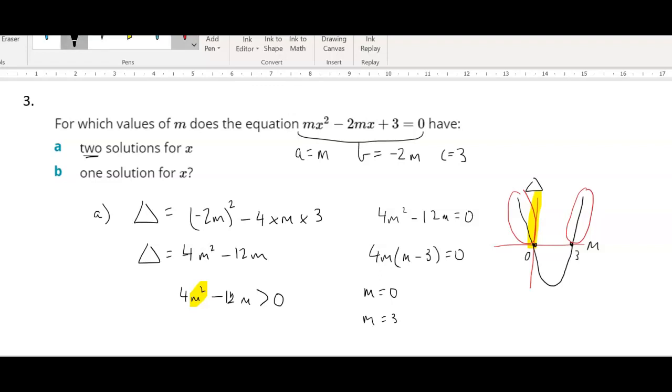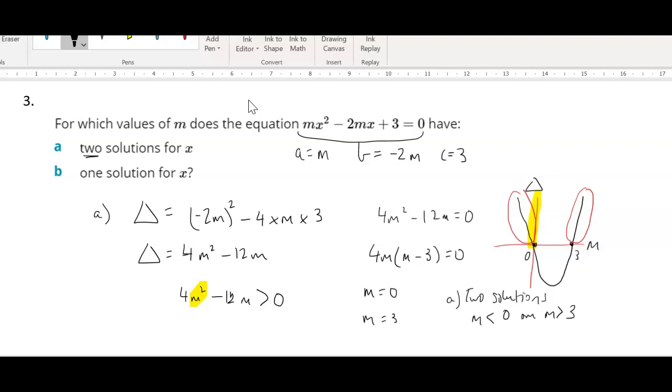So what a weird diagram I've just drawn. So if we're looking at two solutions, m has to be less than 0 or m has to be greater than 3. All right, to get that positive discriminant.